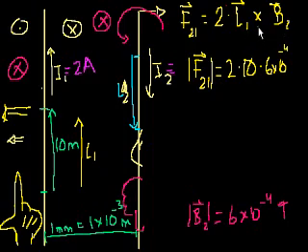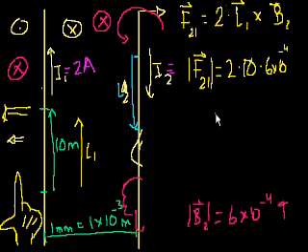And then when you take the cross product, you take the sine of the theta between these 2 vectors, right? But they're perpendicular. The magnetic field is going into the page, while the direction vector of the wire, the length of the wire, is going along the page, so they are perpendicular. So the sine of theta just comes out to be 1. So when things are perpendicular, you don't even have to worry about that sine theta. You can almost just multiply the terms and then use your right-hand rule for the direction.